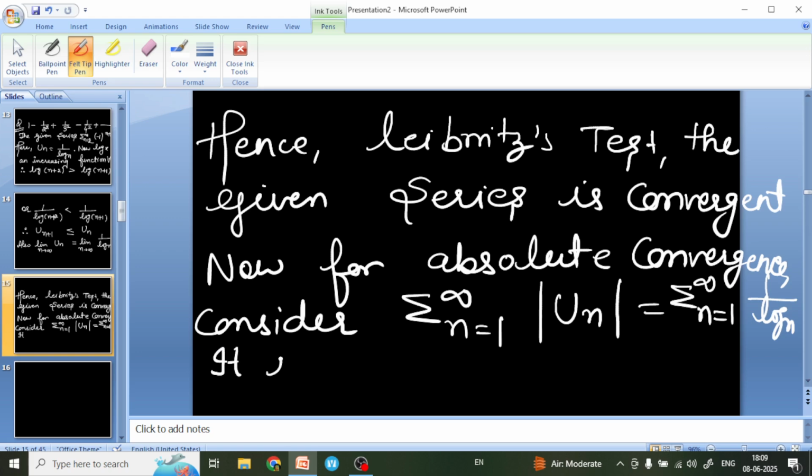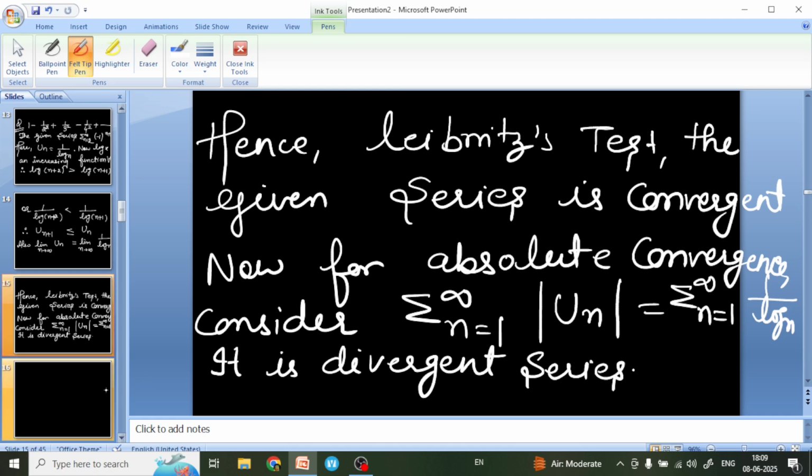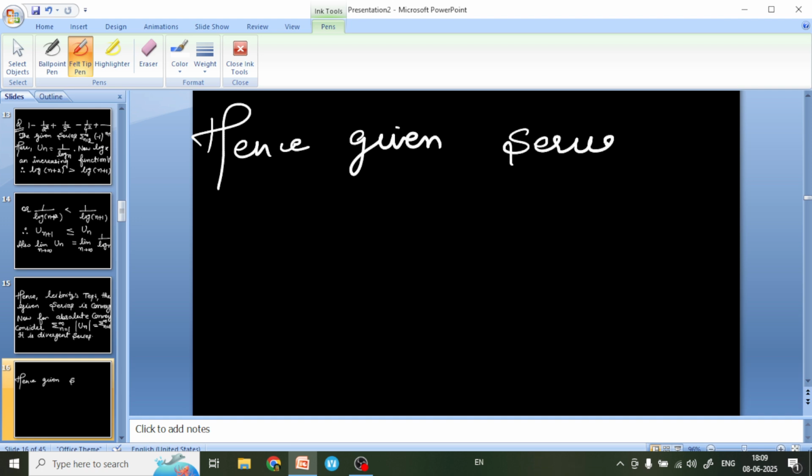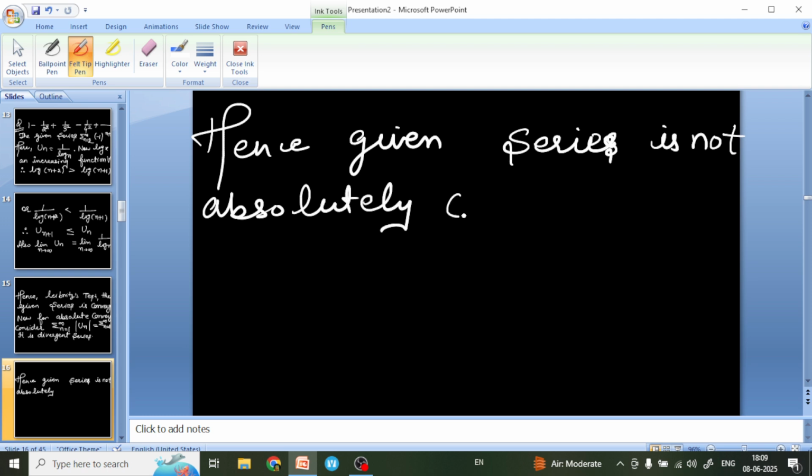It is a divergent series, hence the given series is not absolutely convergent.